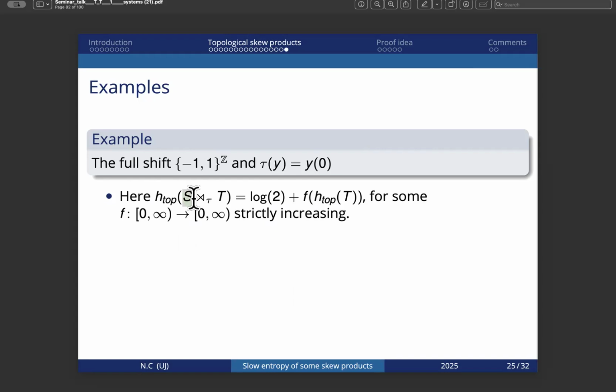I see. Yes, so it's a product of the uniform measure here and any measure on the fiber. But the fact that here we have a topological entropy which is bigger tells you that these product measures don't have full entropy. There are other measures with more entropy.